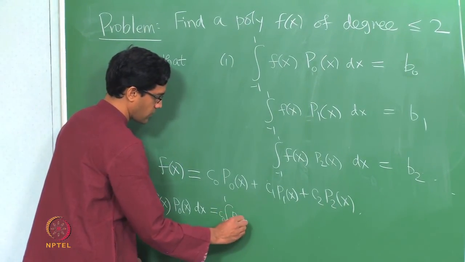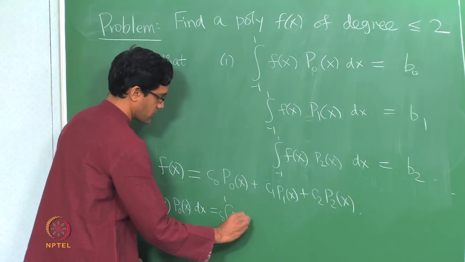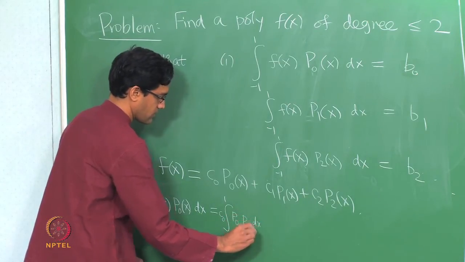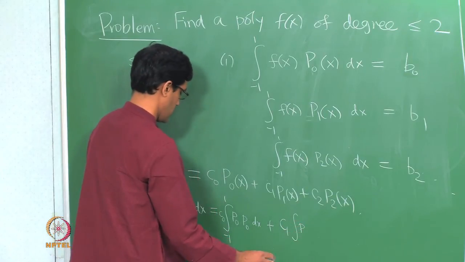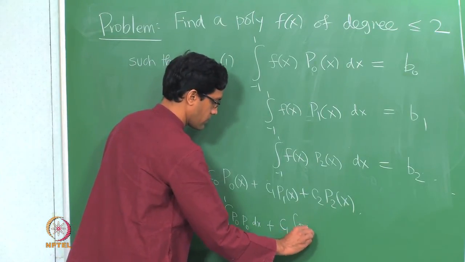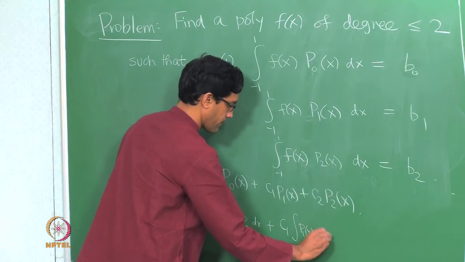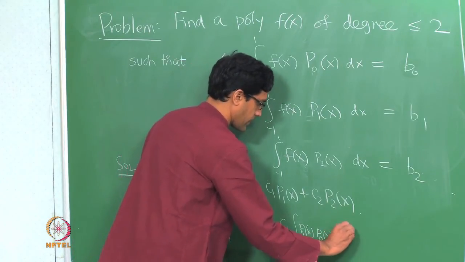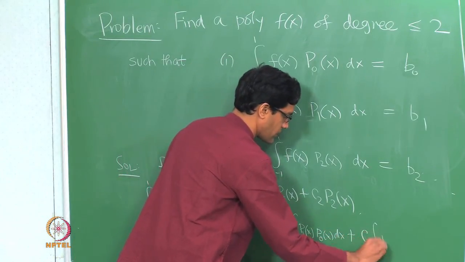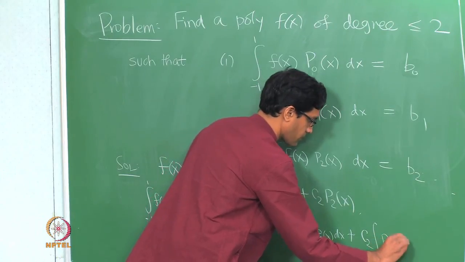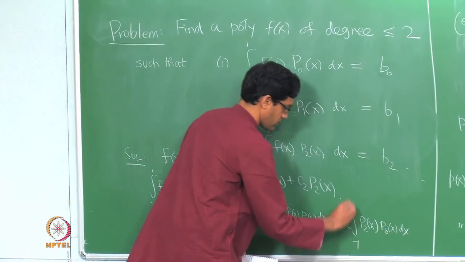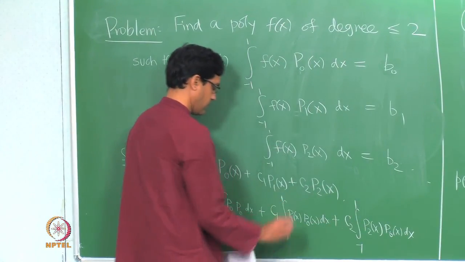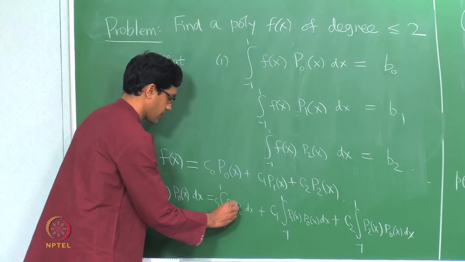So this is like c0 times the integral of p0 multiplied by p0 dx plus c1 times the integral of p1 p0 plus c2 times the integral of p2 p0, between the same limits, so this is also dx.